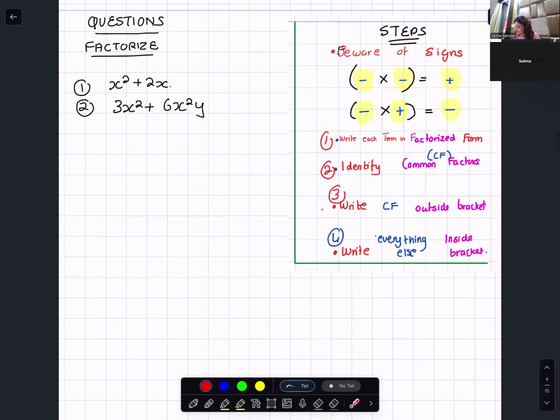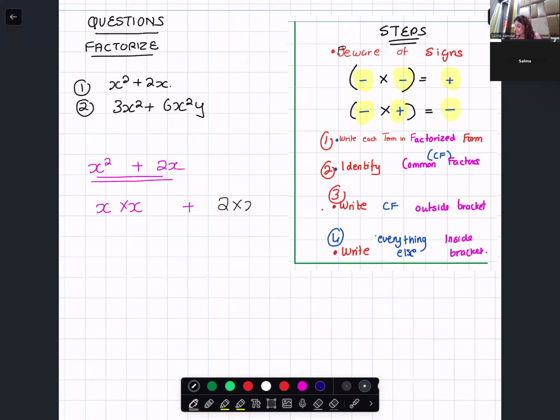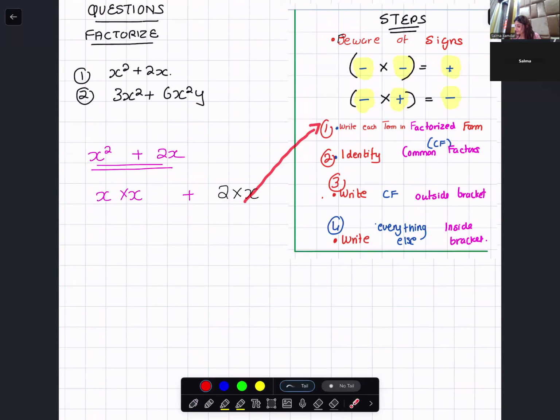Okay, let's do the next sum. We have to factorize x square plus 2x. I will write every term in the factorized form, so x square is going to become x into x. And this 2x, if I write in the factorized form, would be 2 into x. Step 1 is done.